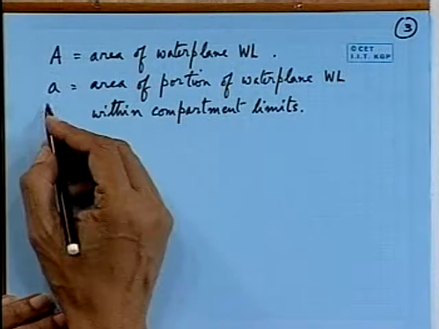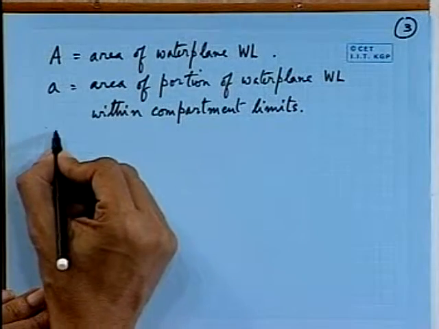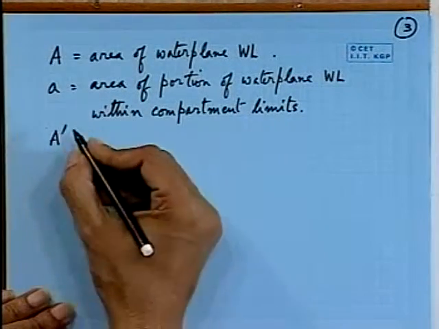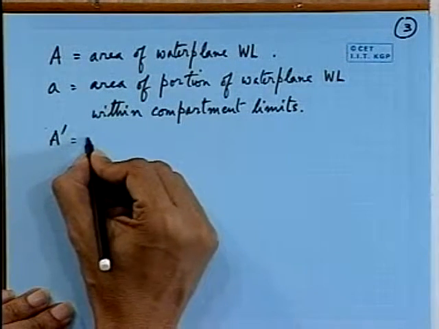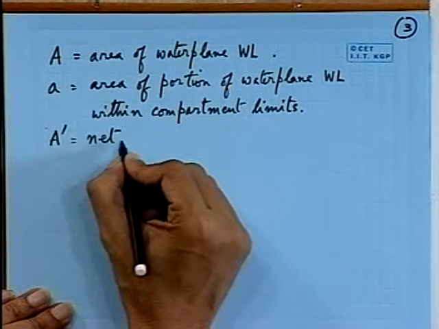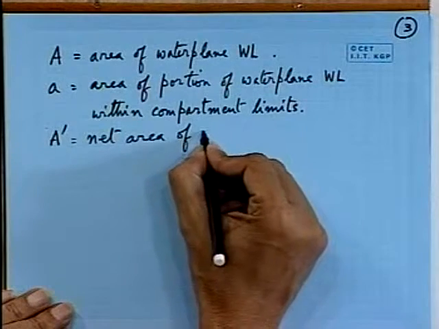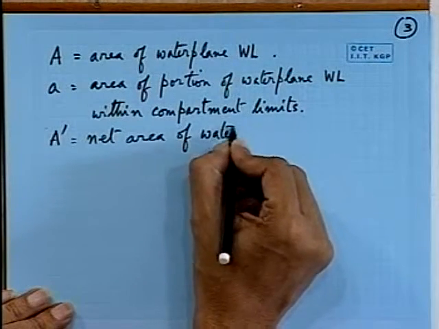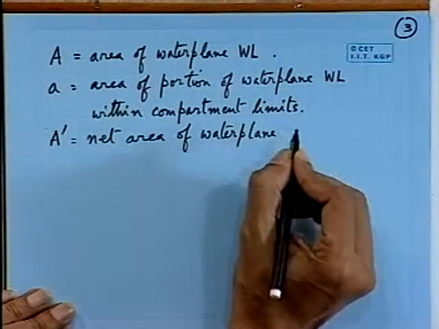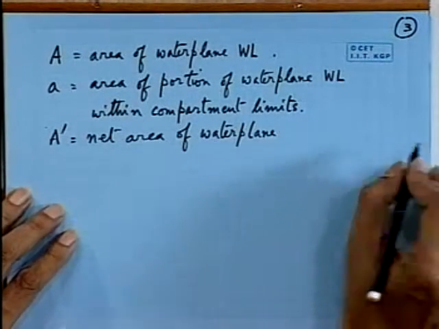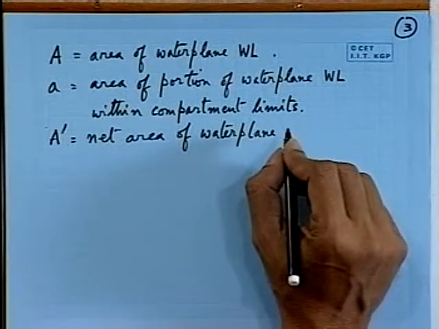Now, next is A prime. A prime is the net area of water plane and is actually a very important parameter for calculating your sinkage as well as trim.